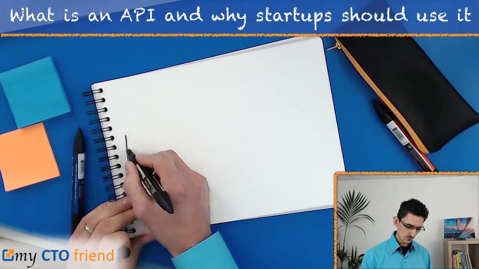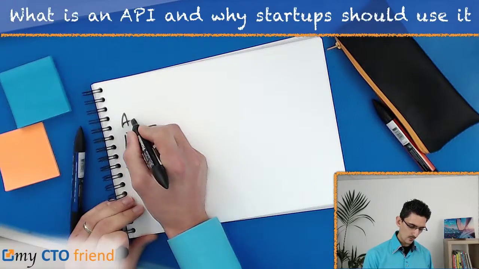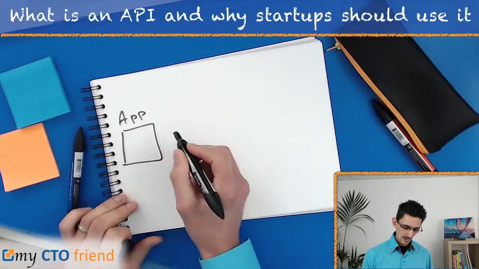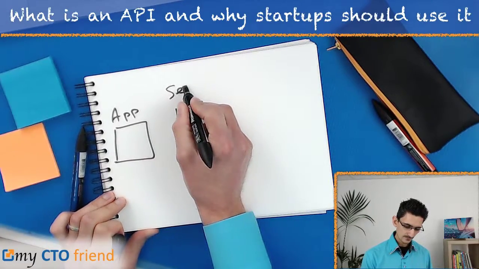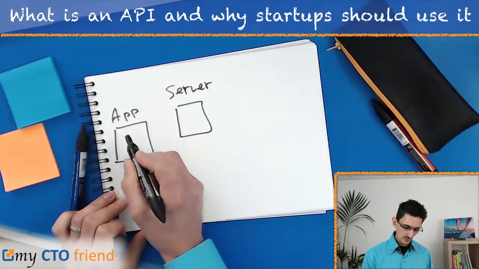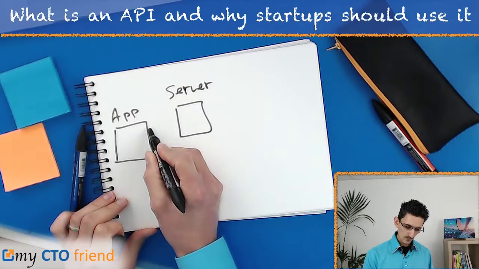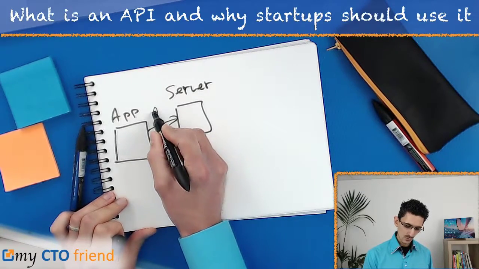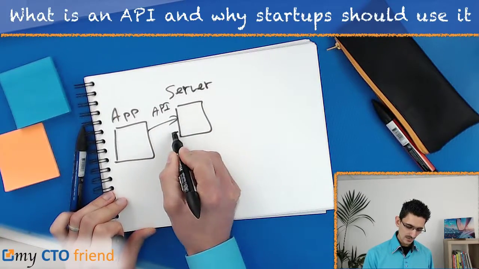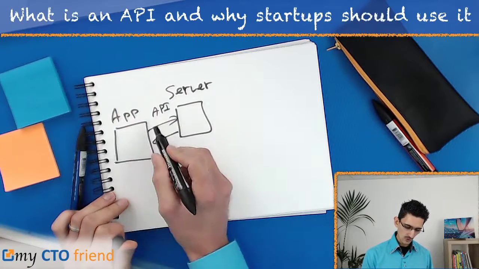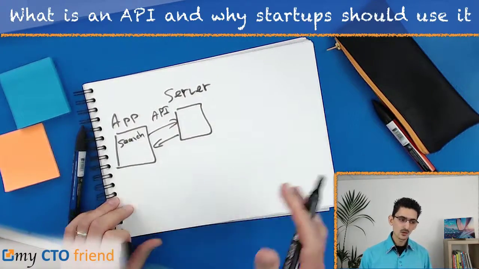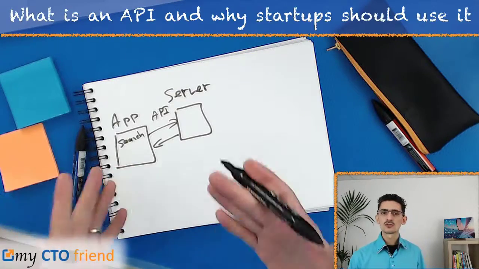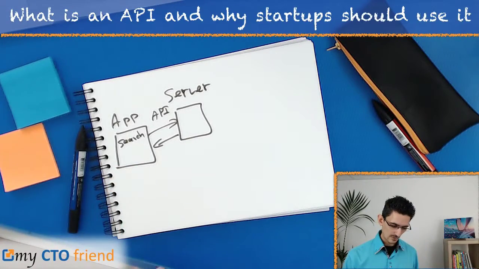Let's assume that we create our app. Our app is going to have a server side. So between our mobile app and the server, we're going to have, guess what? An API. The API is going to enable us to do a search request dedicated to our app, which is a social media search application.